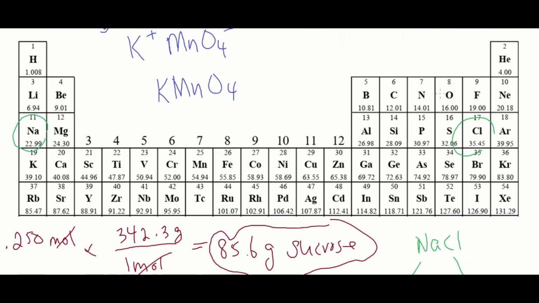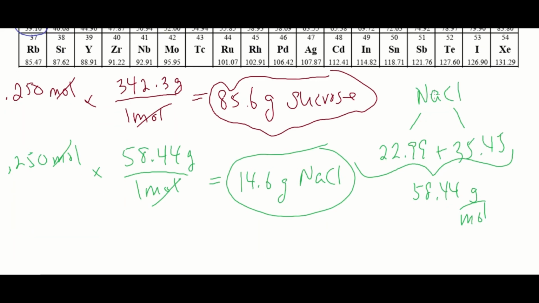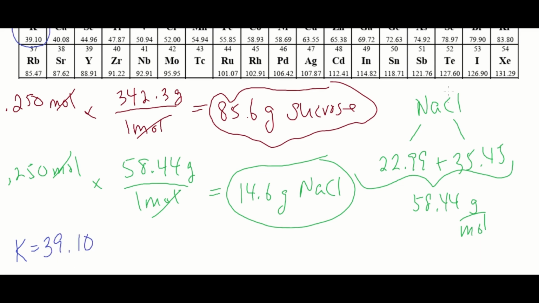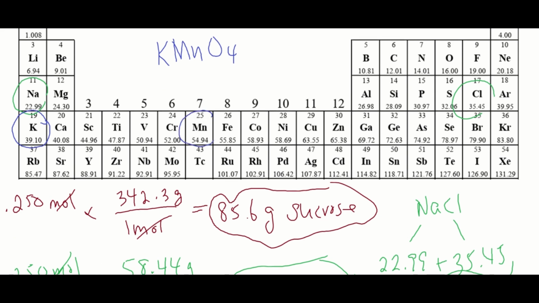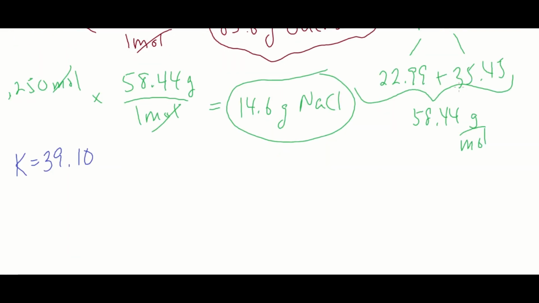All right, so potassium has a mass of 39.10. And then manganese has a mass of 54.94. And then there's 4 oxygens, to give us 64.